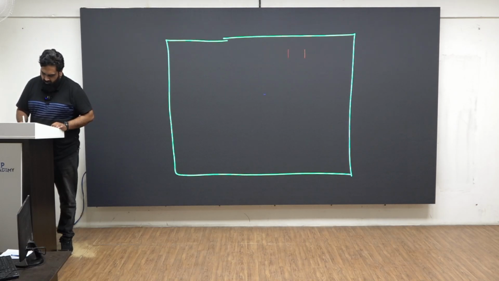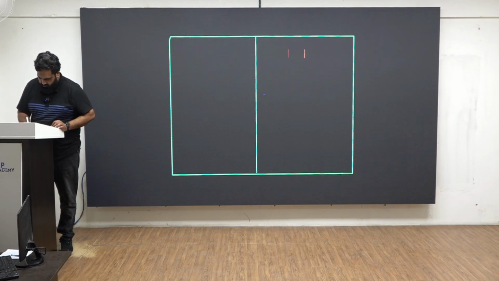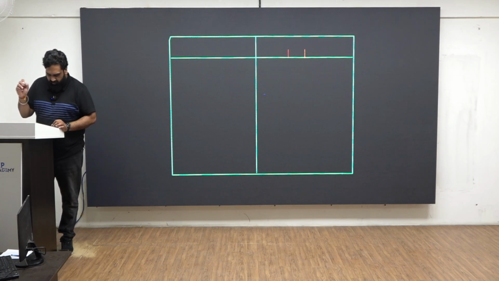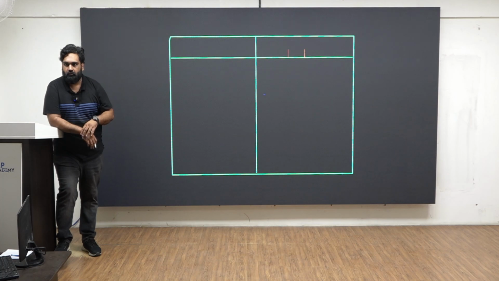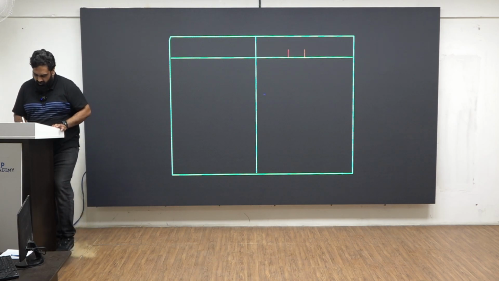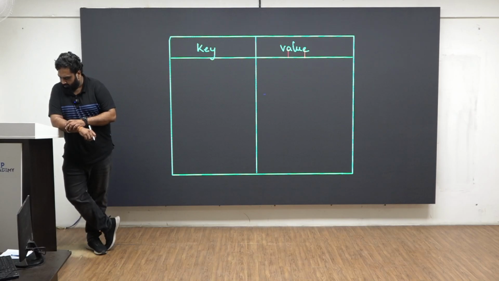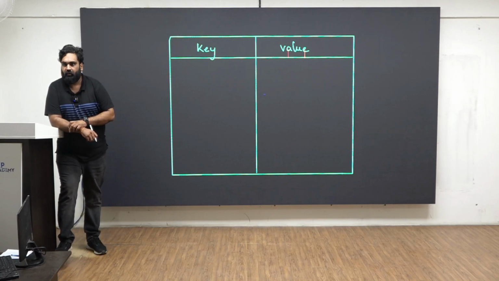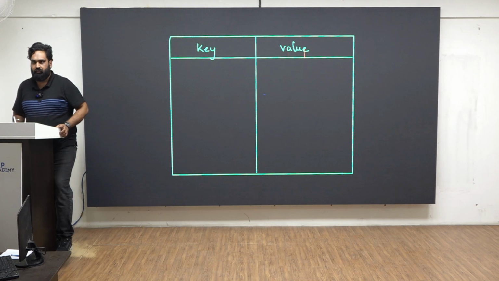So tell me, when I say a map, what will the map have? Sir, it will have a key value pair. Map will have a key value pair. Yes or no?